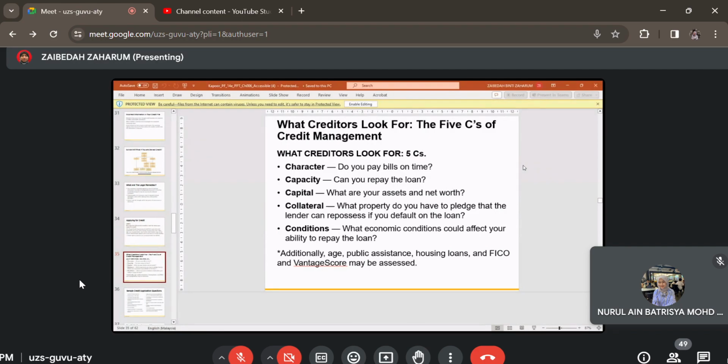Okay. On the part of the capacity, okay, adakah borrower tadi can repay the loan. Okay. And then on the capital tadi pula, selalunya creditors akan minta lah the financial statement lah of the individual ataupun from the organisation ataupun from the firm tadi.